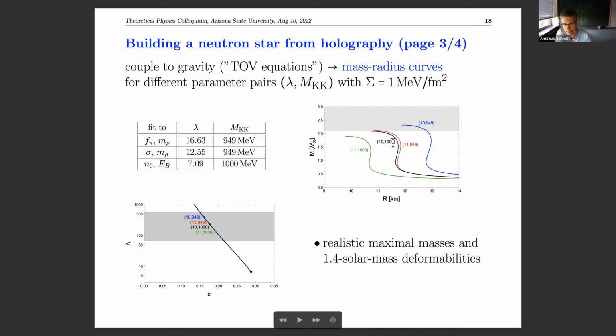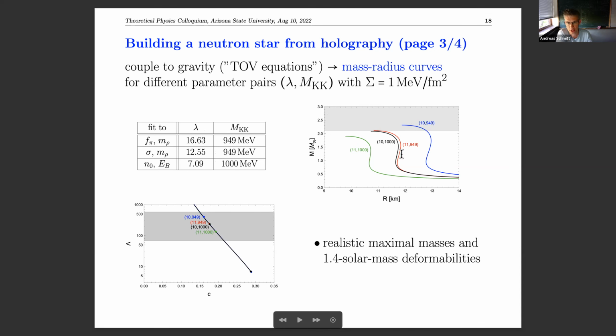Let's not look at the exact details. The take-home message is that the maximum mass is around 2 solar masses. That's what we need. So I put a gray band for all values larger than 2.1, because that's the heaviest star we currently know. And there are some curves that fulfill it, some that don't, if I stay within this region.